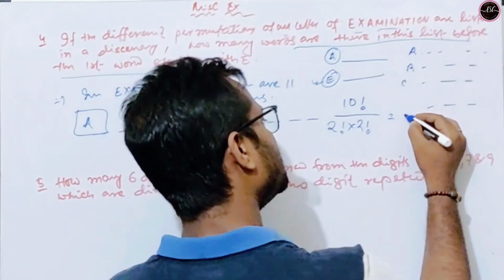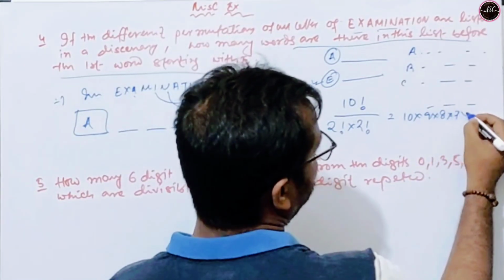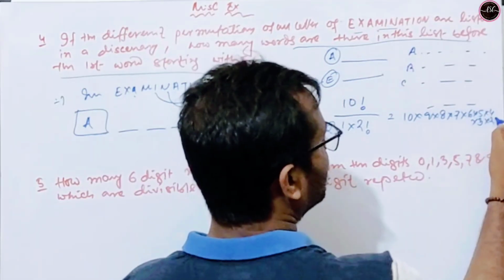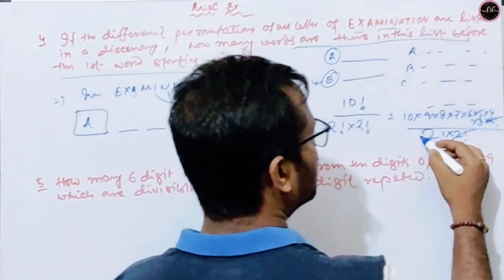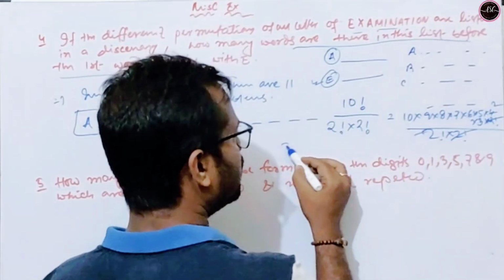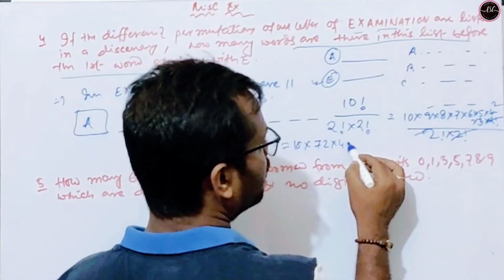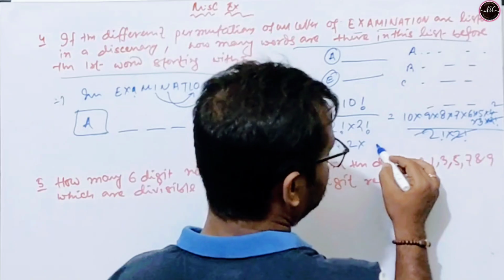Just solve this. We get 10 into 9 into 8 into 7 into 6 into 5 into 4 into 3 into 2 factorial, divided by 2 factorial into 2 factorial. Just the 2 factorial will cancel out, and this will be 2. So we have 10 into 72 into 42 into 30.